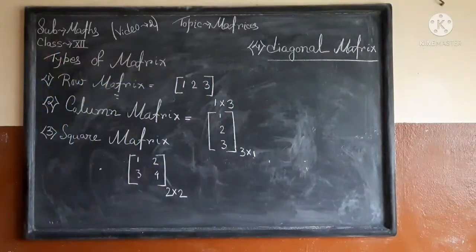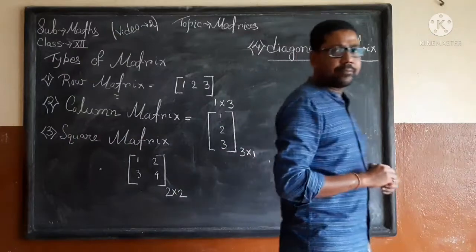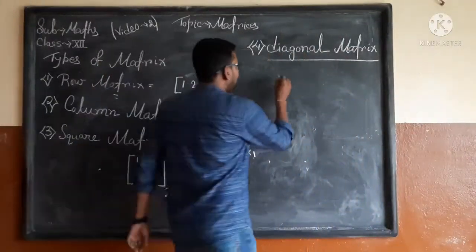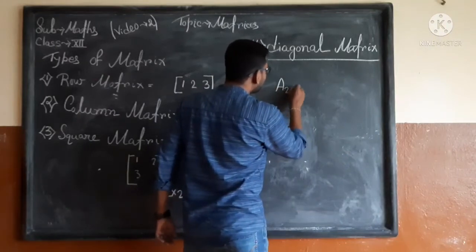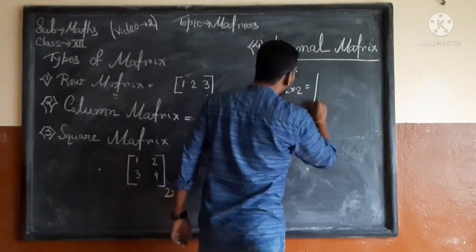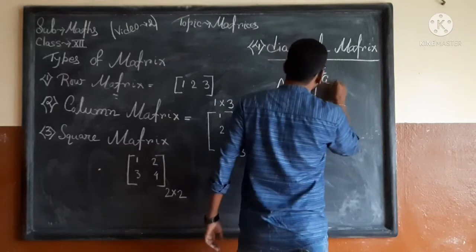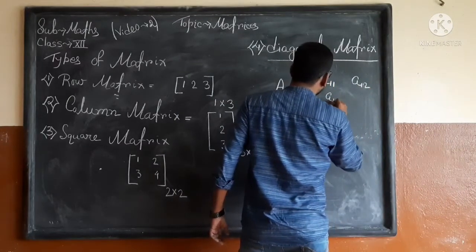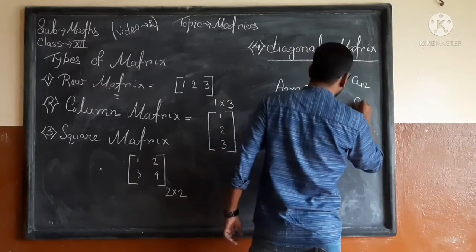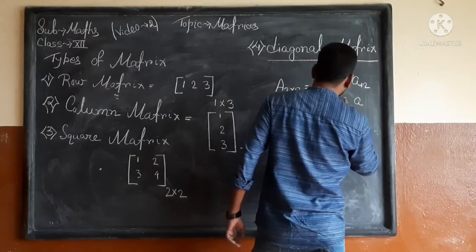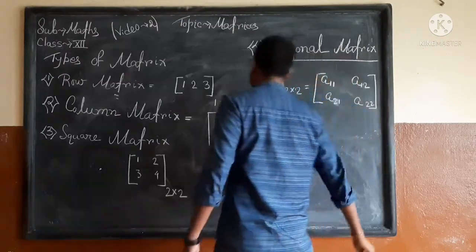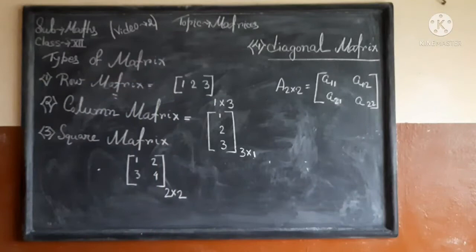Next, the diagonal matrix. Before we go into the depth of the diagonal matrix, at first consider a matrix of order 2 cross 2, and this is the general form of any 2 cross 2 matrix.